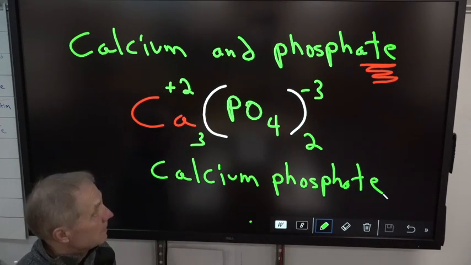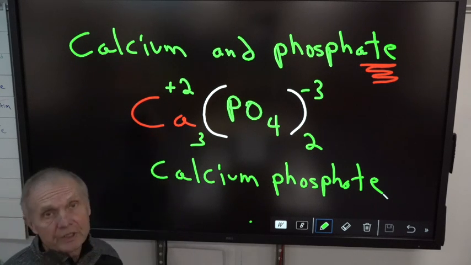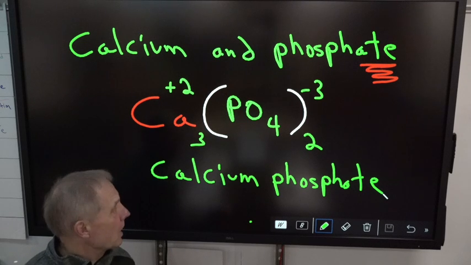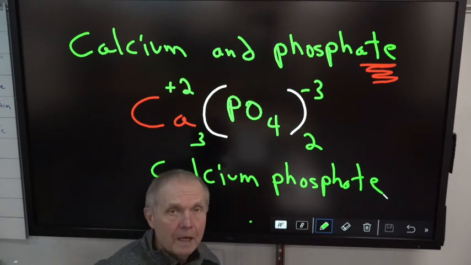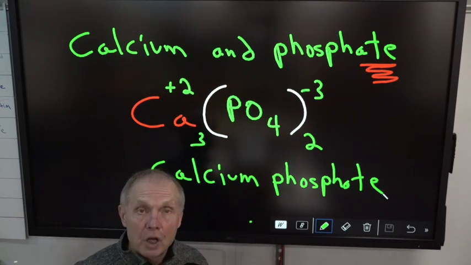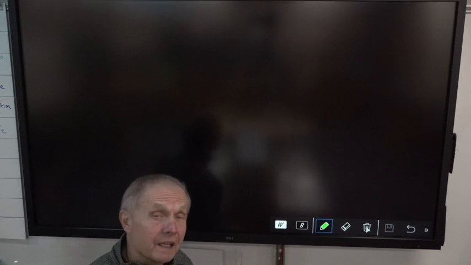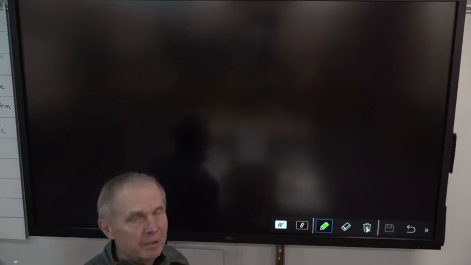That's it. No Roman numeral because calcium only has one charge. So if the metal only has one charge, you name the metal, and then you name the polyatomic ion, and you're done. All right, let's do a couple more. This time I'm going to give you the name, you got to build it.